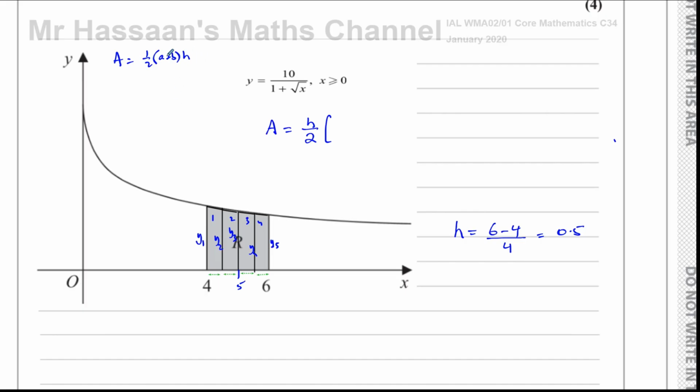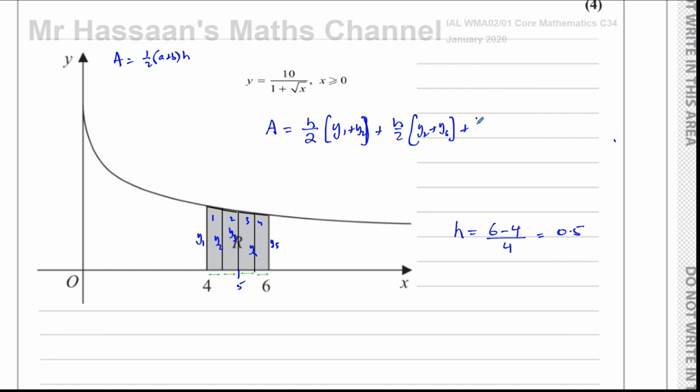So you can say h over 2 times a plus b, the distance between the parallel sides times the sum of the parallel sides. Here, the sum of the parallel sides for the first trapezium would be y1 plus y2. And then you'd have the second trapezium, which is going to be, again, h over 2 times y2 plus y3.